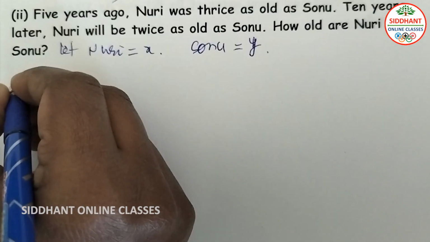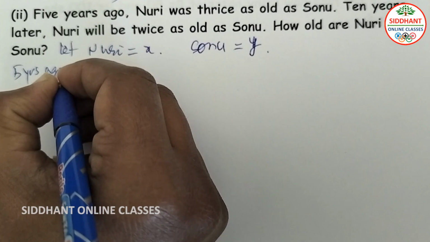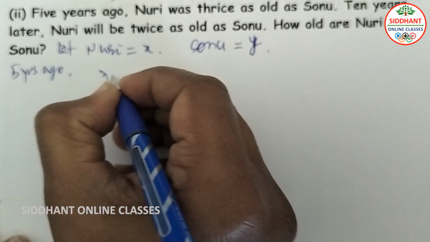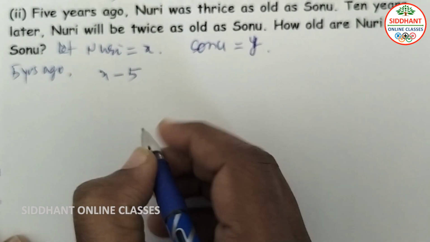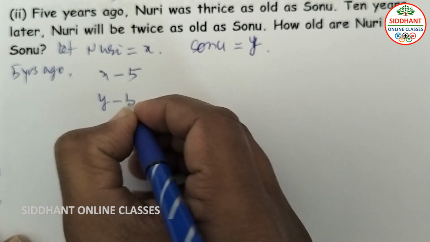So now 5 years ago, the Nuri age will be x minus 5, and Sonu will be y minus 5 here.